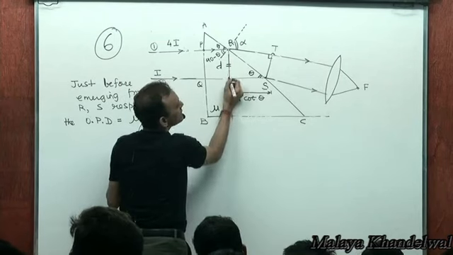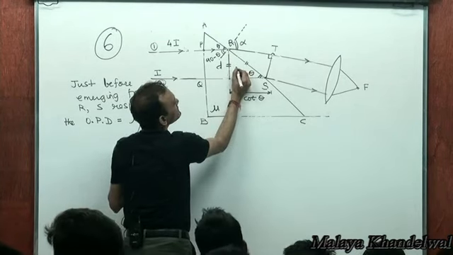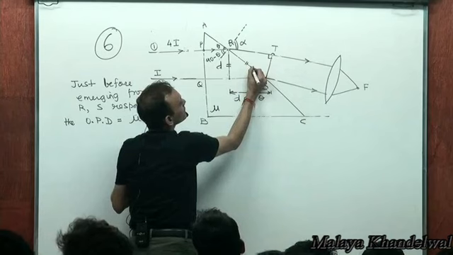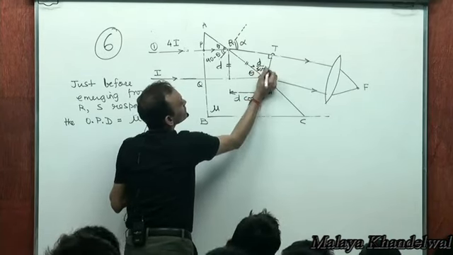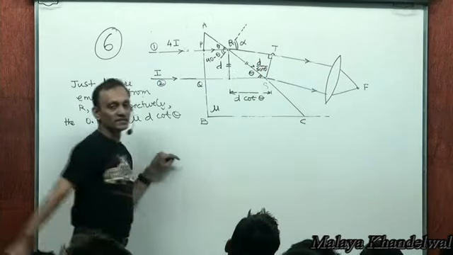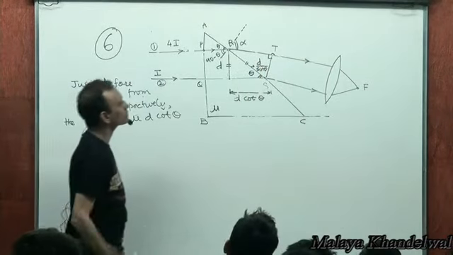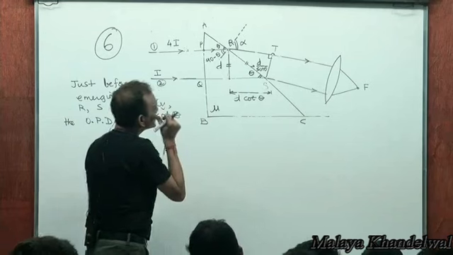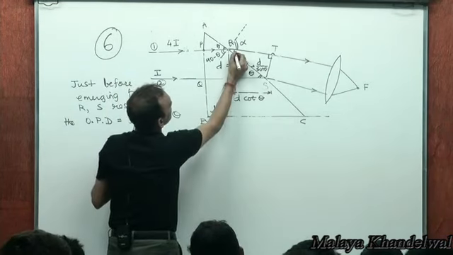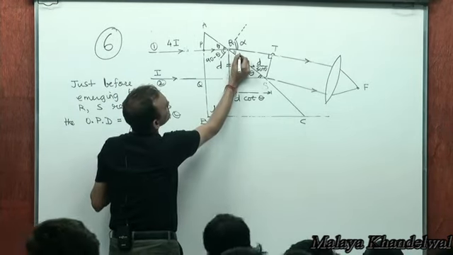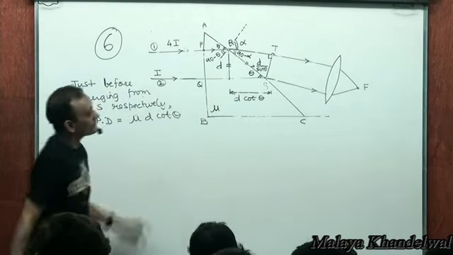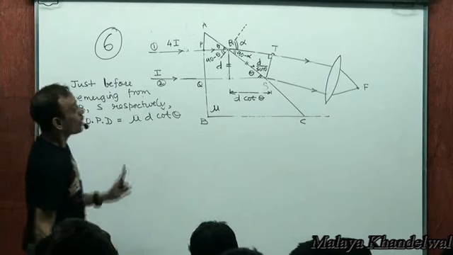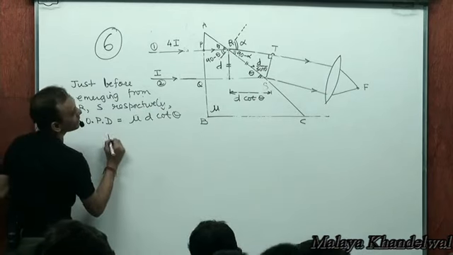Realize that if this is d, this length is d by sine theta, right? And this angle is 90 minus alpha. So now what is RT?